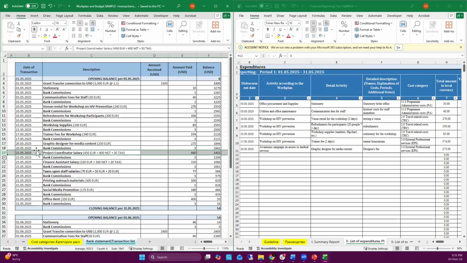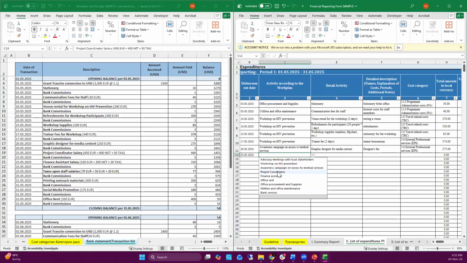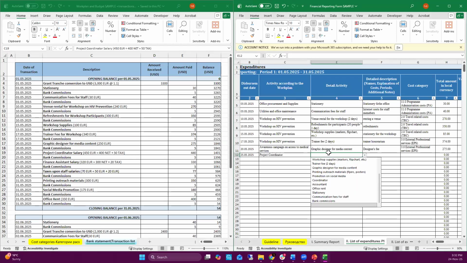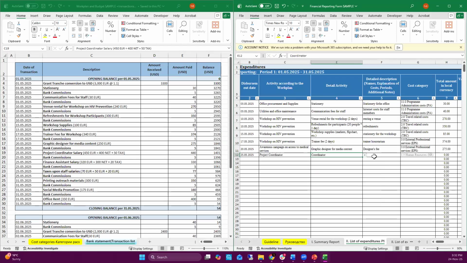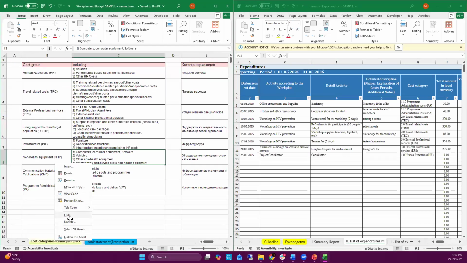Then we got to the end of the period and already have the salaries to be paid. Here, I would like to draw your attention to the following thing. So first of all, let's fill out, according to the budget. So for a while, I'll hide this page.